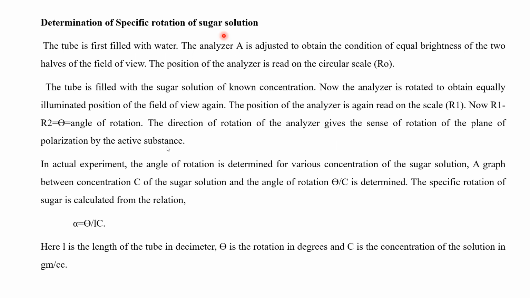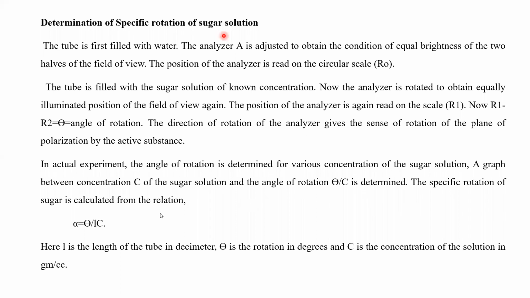Okay. In actual experiments, the angle of rotation is determined for different concentrations of sugar solution. We are going to draw a graph: as we keep increasing the concentration of the sugar solution, we measure the angle of rotation. Then theta by c is determined by taking the slope of that graph.